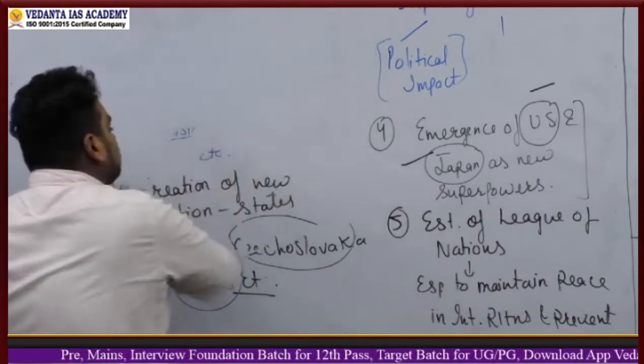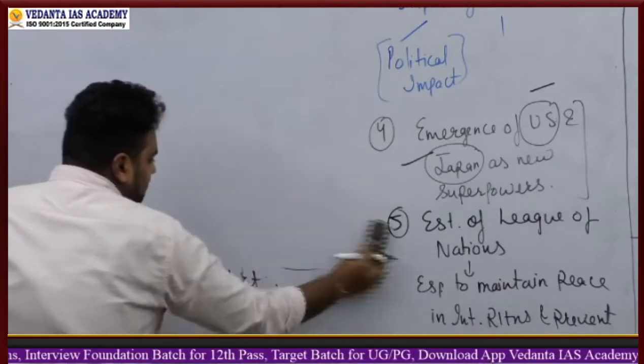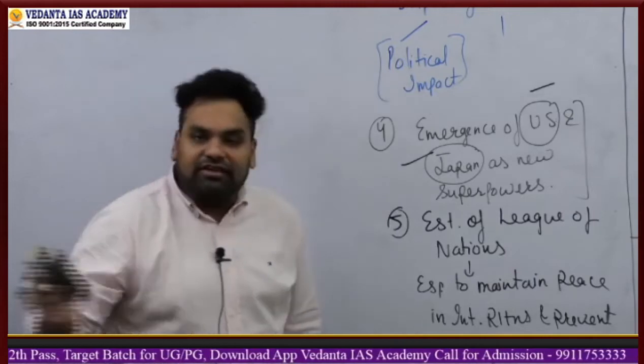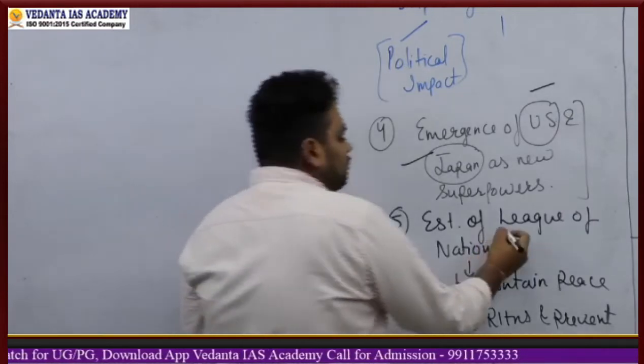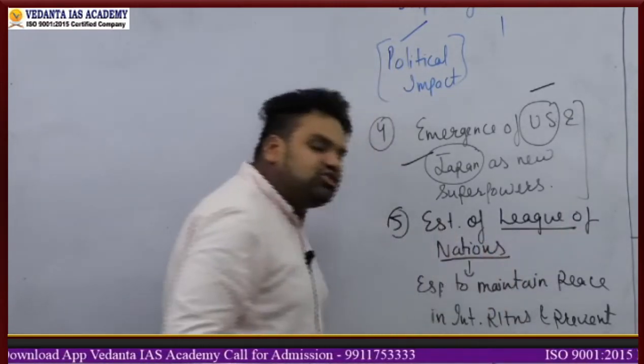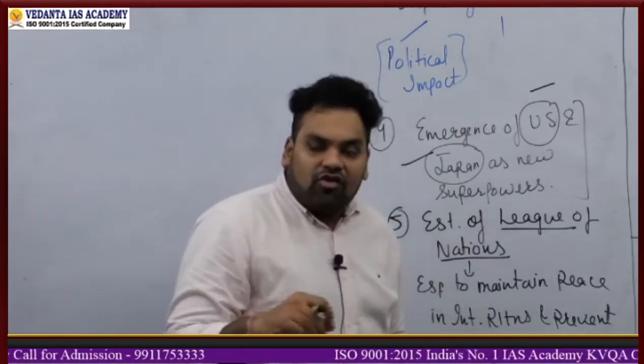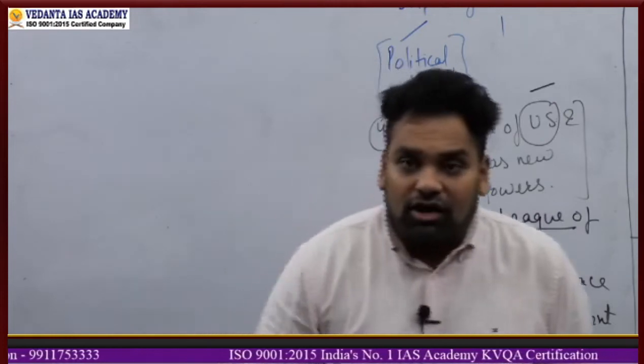That is something which we need to understand. And you will see that the League of Nations, when we talk about it, the League of Nations is actually going to prove to be the biggest reason for the starting of the Second World War, right?